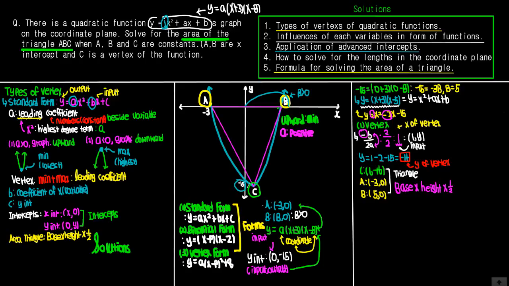But from here, let's think about the base. Our base is going to be the length between A and B. That means we need to think about the difference between the points A and B. But what is the length on our coordinate plane? We know that for a length there is no negative value, because it is a length.